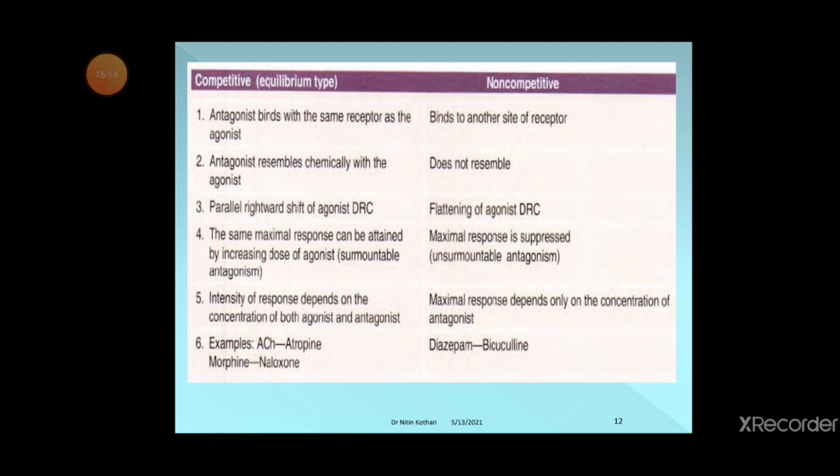This is called surmountable antagonism. The antagonism has been overcome because of the increasing dose of agonist. So the same maximal response can be attained by increasing the dose of agonist.